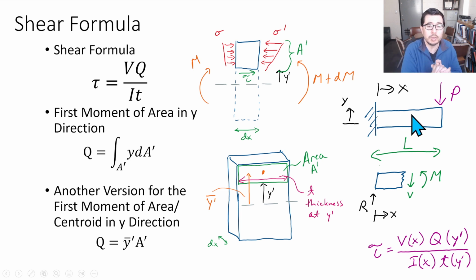Usually our profiles are staying the same, and I'm very grateful for that. Usually our profiles stay the same as we go along in X, but it's the entire cross section, so you're not going up or down when you're calculating I. T, on the other hand, the thickness across, is dependent on the Y prime that's been selected, so the distance away from the neutral axis.